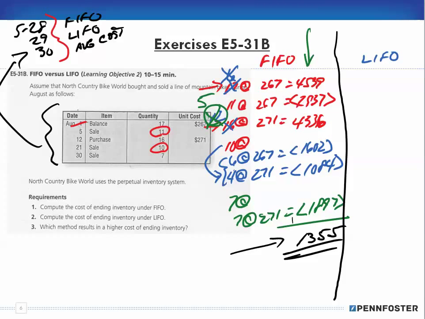Let me see if I can quickly re-explain this by doing it this way, and I'm going to use black here. So we started out with 17 units, so that's 17 in our inventory. Then we took out 11, so we no longer have 17.